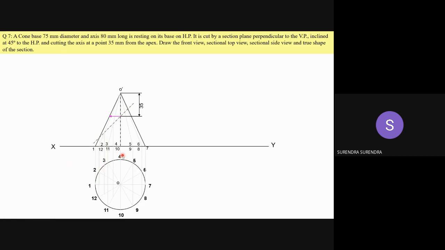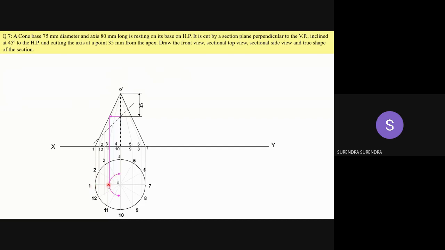For drawing the projections of 4' and 10', we will get overlapping projections. So what you have to do is draw a line perpendicular to the axis, or parallel to the XY line, and then project this point up to the O1 line.